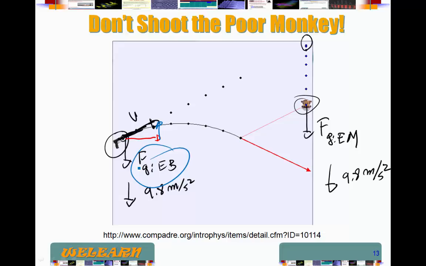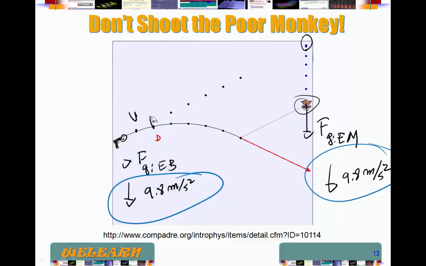Now, since the acceleration is the same, the change in the vertical position of the bullet at every second is going to be the same as the change in vertical position of the monkey. What does that mean? Okay, let me erase this.